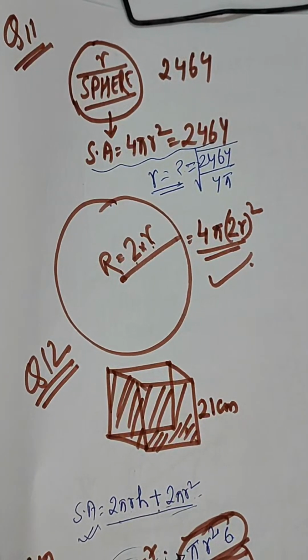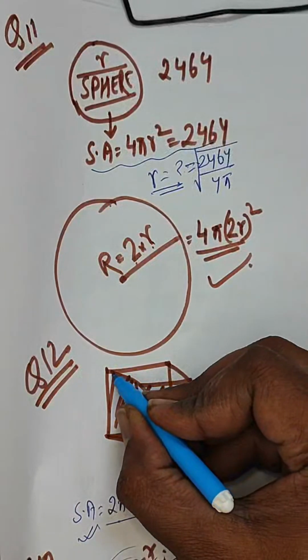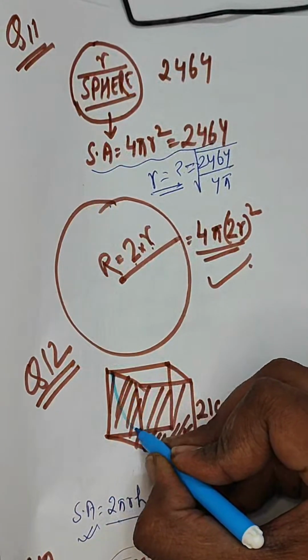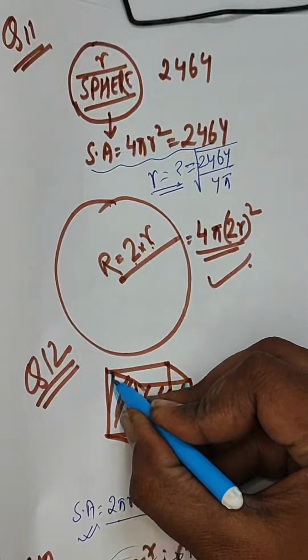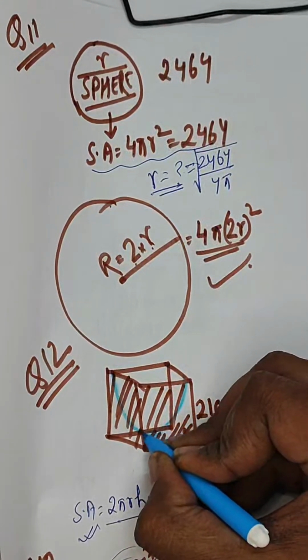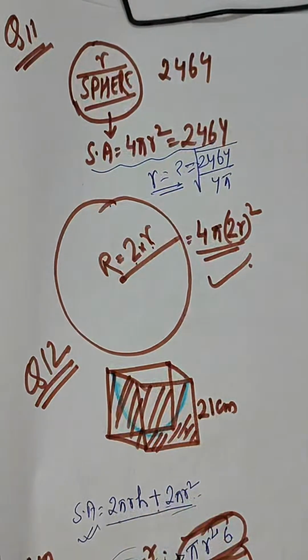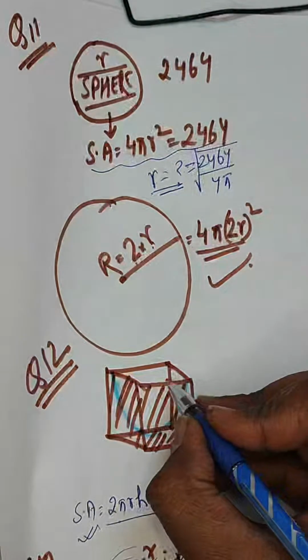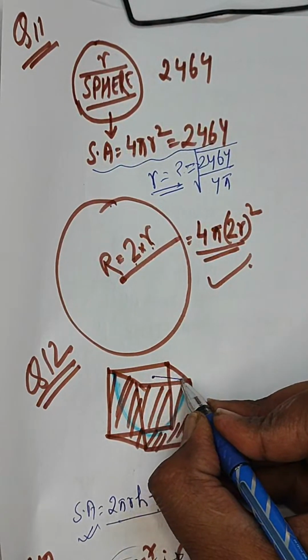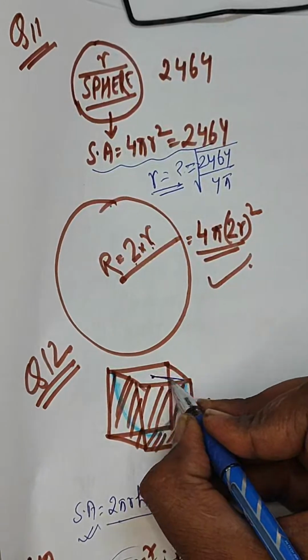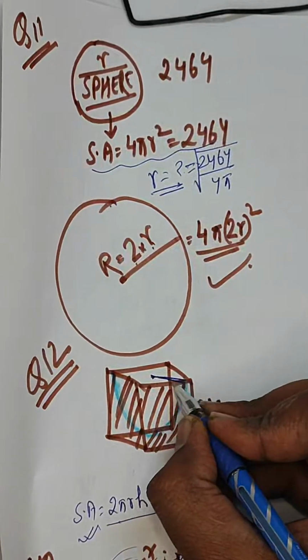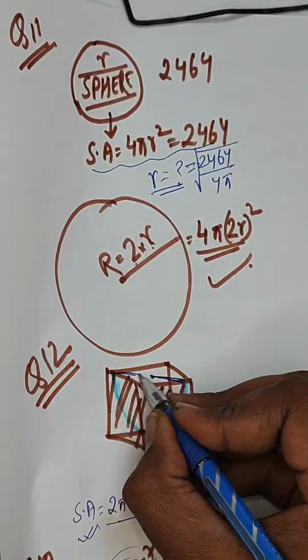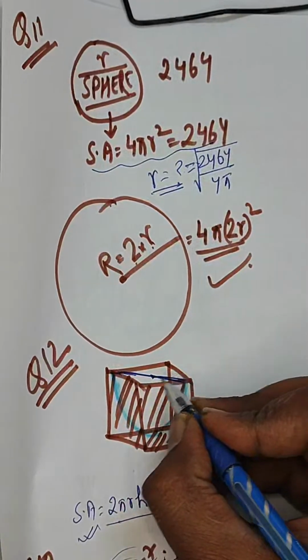So the radius of the hemisphere can be evaluated.